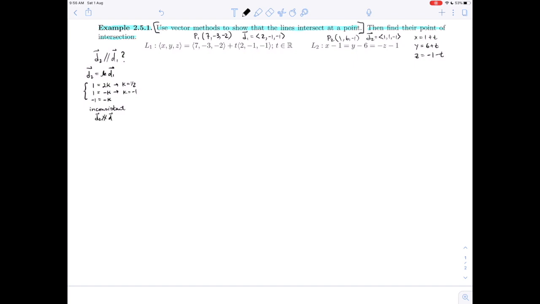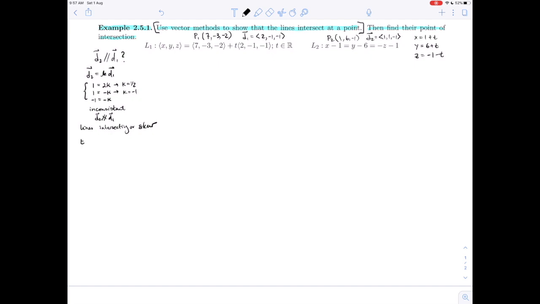If the vectors are not parallel, then the lines are intersecting or they're skew. That's good, because we wanted to show that they were intersecting, so we're on the right path. To show that they are intersecting versus skew, we have to show that the lines are coplanar. When they're skew, they are non-coplanar; when they are intersecting, they are coplanar.